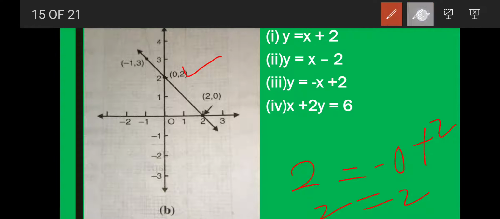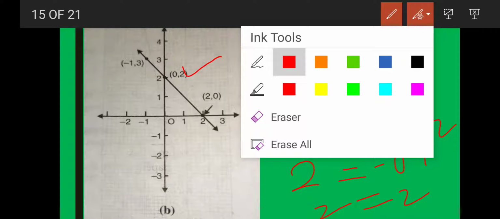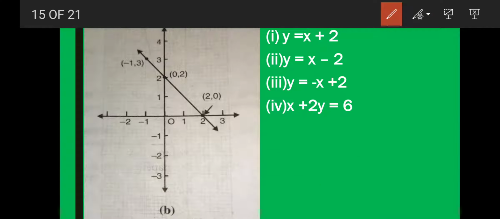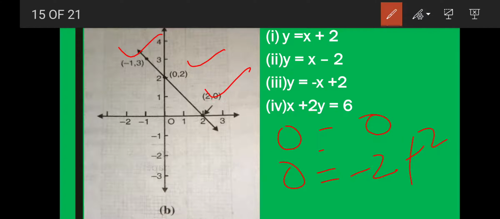Now we will check third point, that is 2 comma 0. Okay, here y is equal to 0 is equal to minus x, minus 2 plus 2, that means 0 is equal to 2 minus 2, 0. This is also satisfied, means all these 3 points are satisfied for equation third.